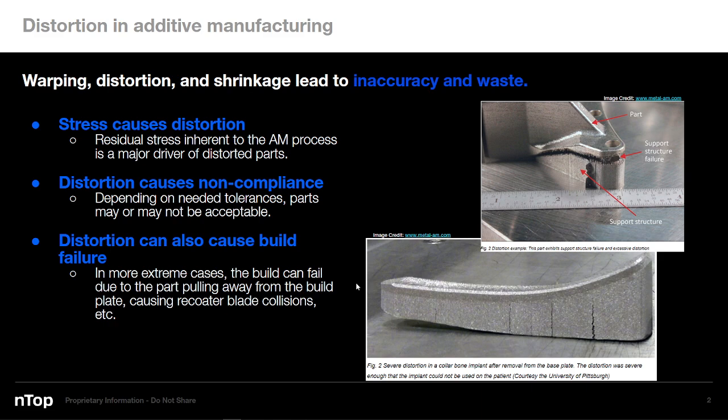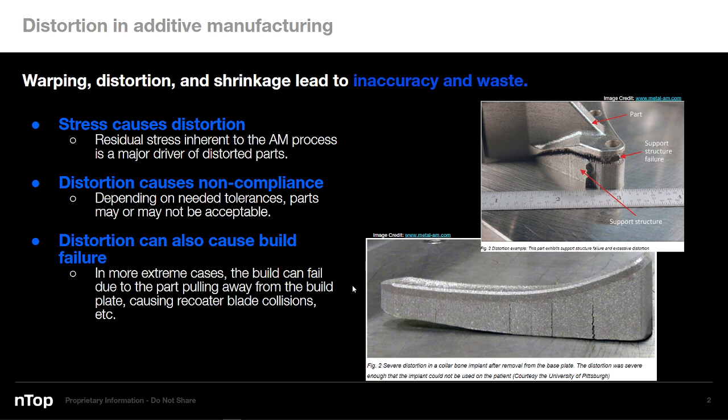So first and foremost, what is distortion in additive manufacturing? Basically, what we're talking about with distortion is the warping, shrinkage, and general change in shape that happens during the printing process. Most of the time, I'm getting questions from people that are working with laser powder bed fusion and printing metal parts.